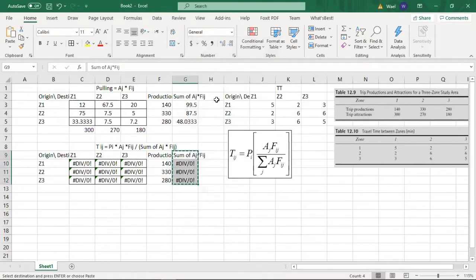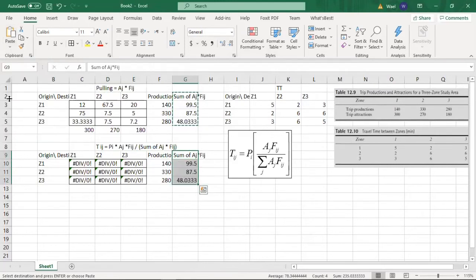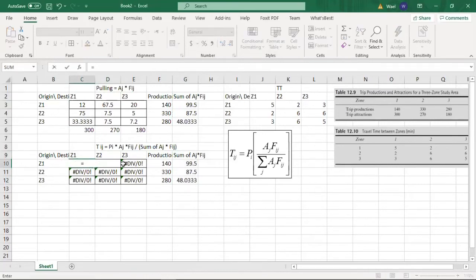Paste options, values. Here the trips will be the productions multiplied by the pulling force, which is 12, divided by the sum, which is here or here.